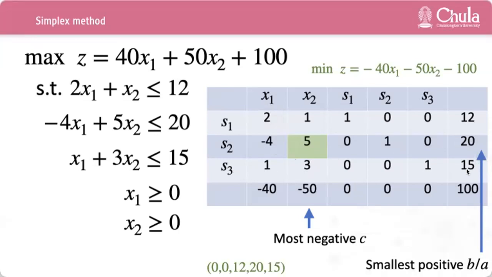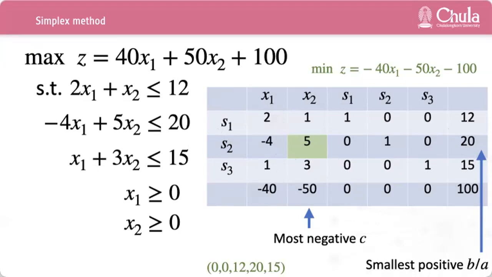So the smallest positive b over a is this line. This line corresponds to s2. It tells us to get rid of s2 from the basic variables.